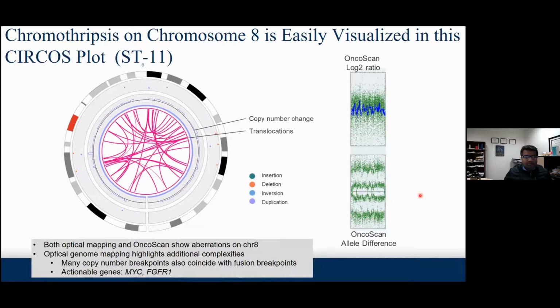Continuing on the same case, the chromothripsis on chromosome 8 is easily visualized in the circos plot. Both the optical mapping and Oncoscan show aberrations on chromosome 8, while optical genome mapping highlights complexities around chromosome 8, especially many copy number breakpoints with fusion breakpoints, and the actionable genes are MYC as well as FGFR1 in that region.